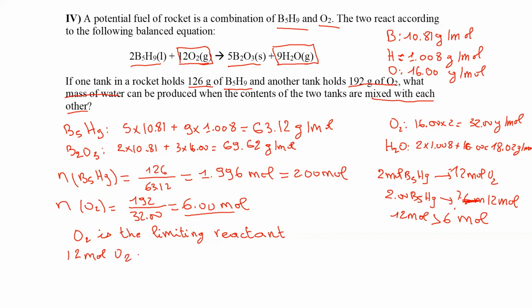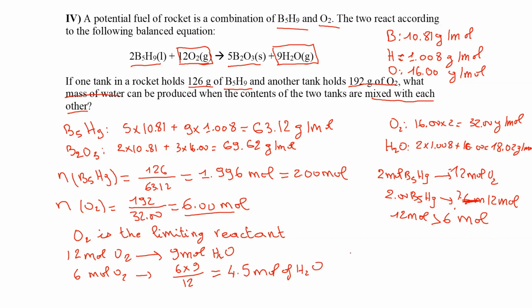Okay, so for 12 mole of oxygen, I should have 9 mole of H2O. For the oxygen now I have 6. So if I have 6 mole of O2, I will have 6 times 9 divided by 12 mole of water, and this is equal to 4.5 mole of H2O.